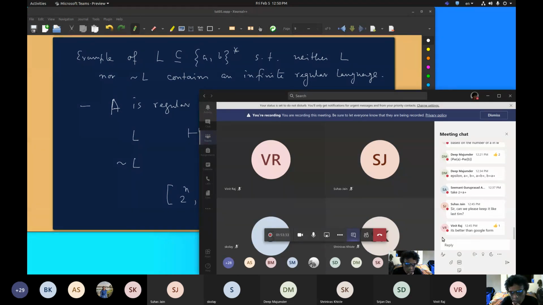I haven't tried that on Google Form, but if necessary, we can give you a couple of minutes extra. So let us go ahead with Google Form then. That will be more hassle-free for both you and us. And in the end, if you need a 2-minute extension for submission, we will give it to you.